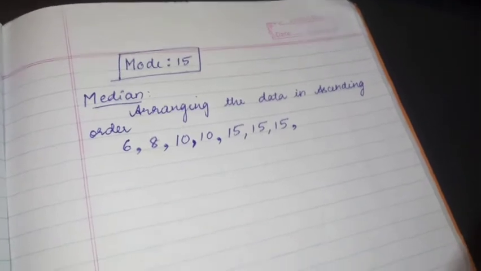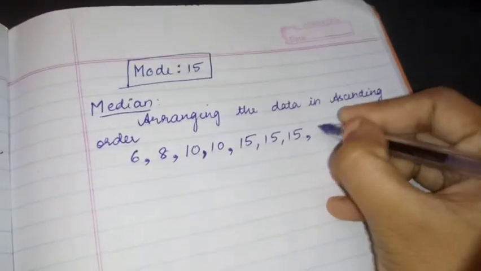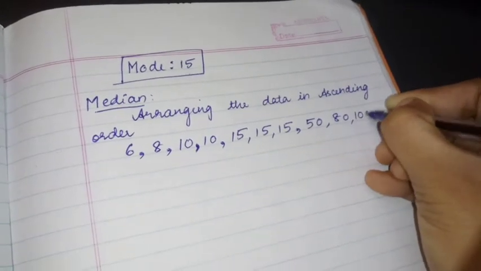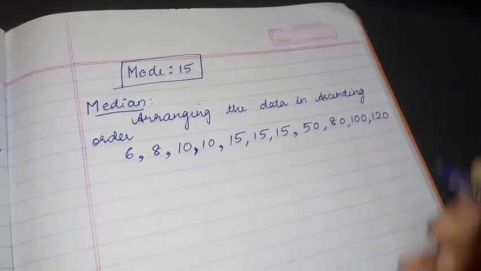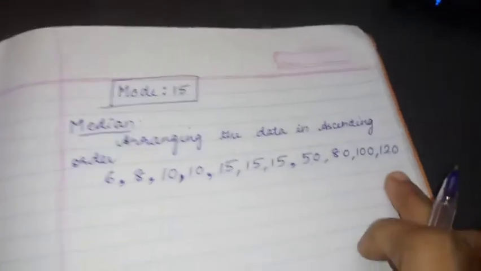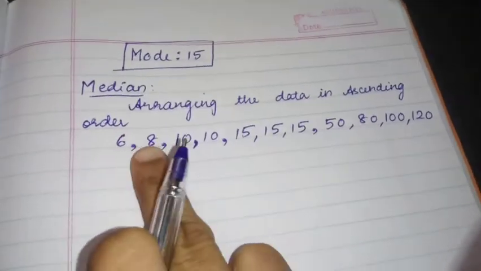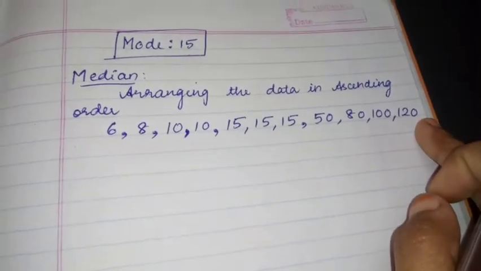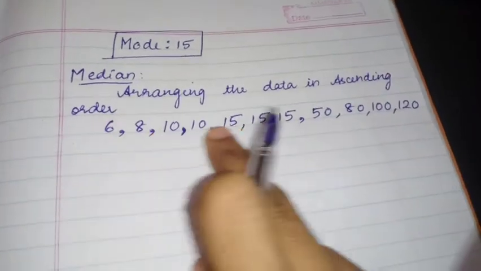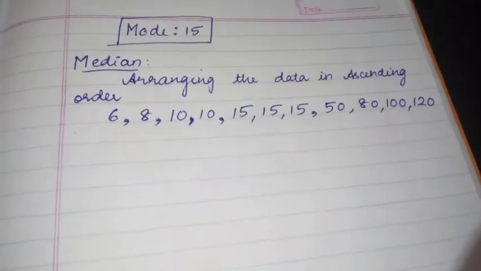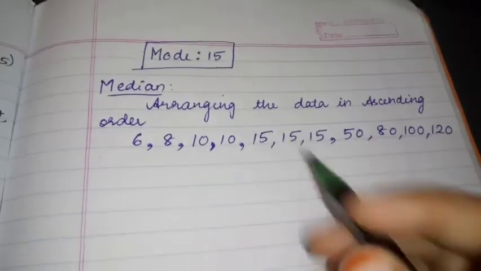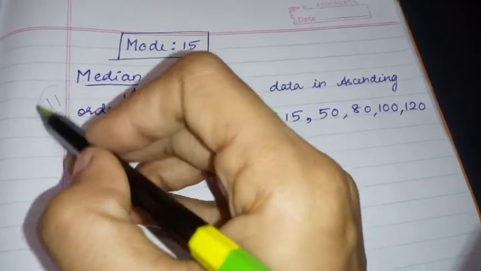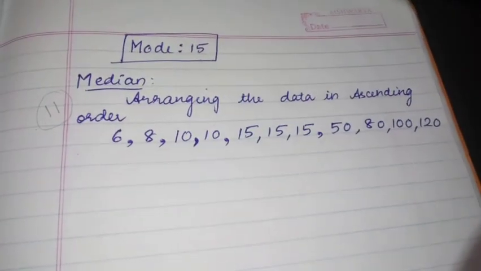Then 50, then 80, then 100, then 120. Check how many scores are given. 1, 2, 3, 4, 5, 6, 7, 8, 9, 10, 11. Okay, all are correct. So I have arranged it in ascending order. Now take a pencil and take the middle value, because our number of observations is 11. 11 is what kind of number?